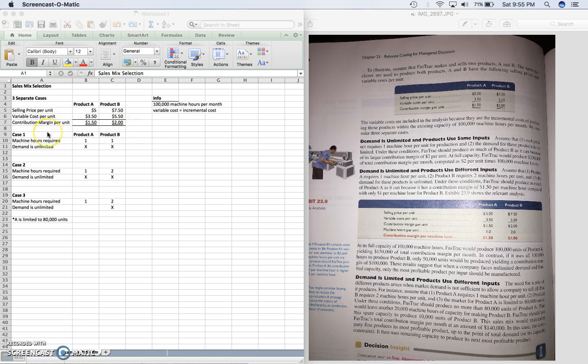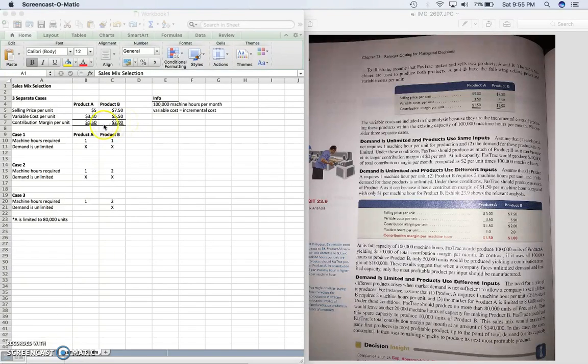For case one, the machine hours required for products A and B are the same, so it takes 1 hour to produce a product, and the demand is unlimited for both products. With 100,000 machine hours per month, the question is which product produces more contribution margin per month.